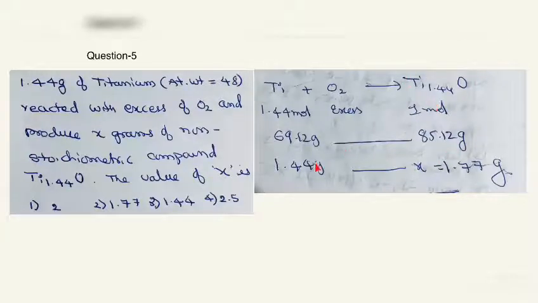Now in the question they gave 1.44 grams of titanium reacting. So if 1.44 grams of titanium reacts, how much compound will you get? By cross multiplying you will get x value 1.77 grams. So option 2 will be the correct one.